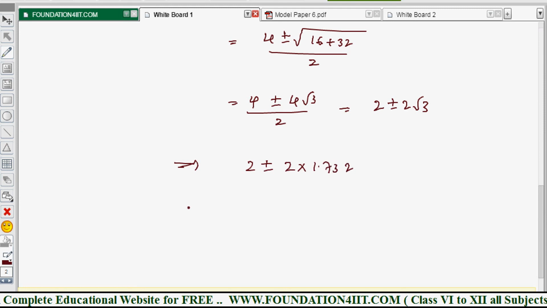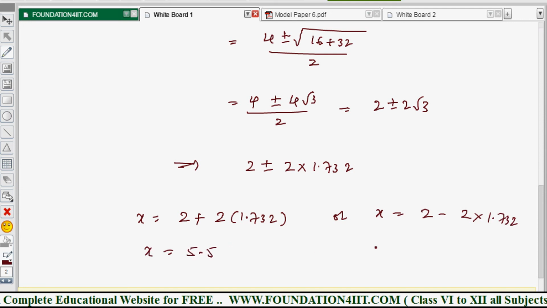So x equals 2 plus 2 into 1.732, or x equals 2 minus 2 into 1.732. By taking the positive value we get 5.5, and by taking the negative value you get minus 1.5.